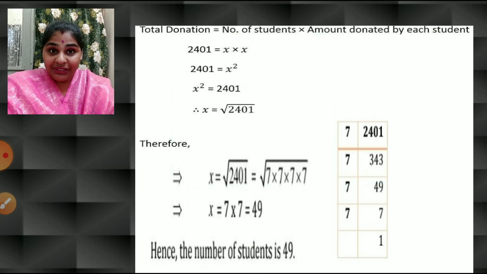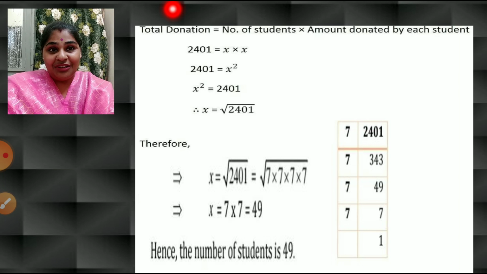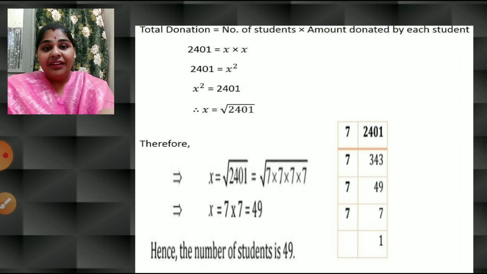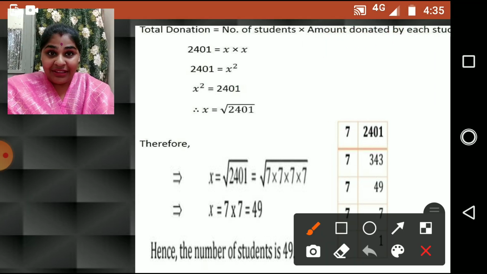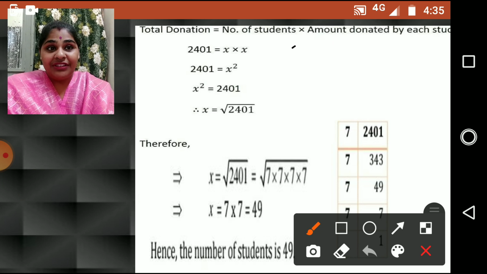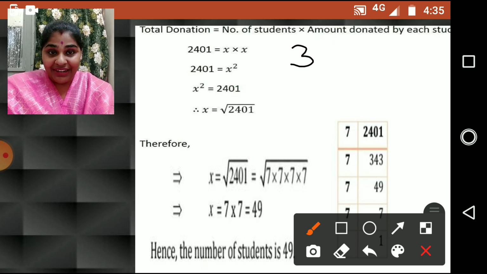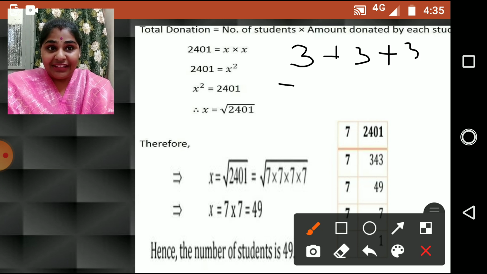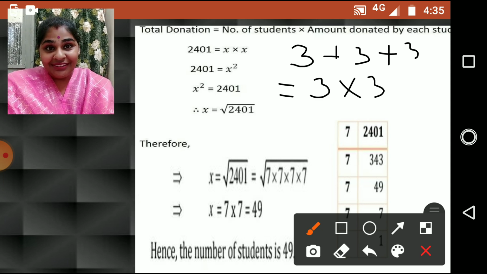So now the total donation will be equal to number of students multiplied by amount donated by each student. Just now we have taken one example, like I said, if there are 3 students in the class, and the amount paid by them is 3, how much will be the total donation children? 3 plus 3 plus 3, that is nothing but 3 into 3, which is 9, right children?